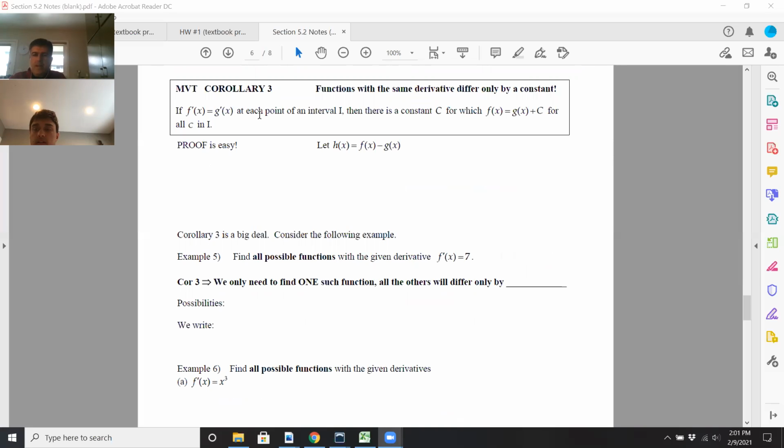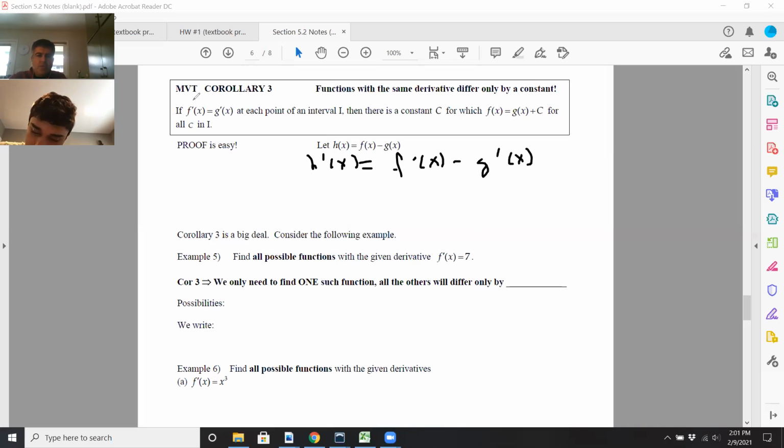what if I take the derivative of both sides right now? So h prime of x equals f prime of x minus g prime of x. Okay.